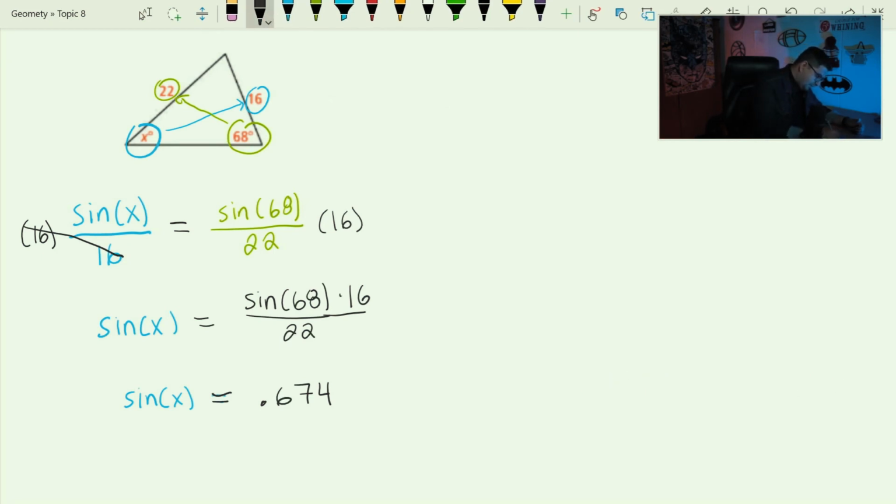So I'm going to do the sine inverse of sine of x, and that will equal the sine inverse of 0.674.